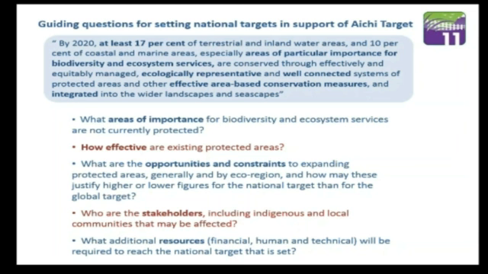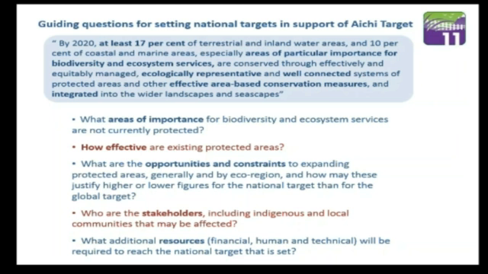Remember the 17% global target. Who are the stakeholders, including indigenous and local communities that may be affected, and what additional resources will be required? So you could start to identify guiding questions for that.